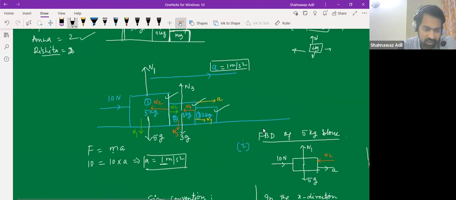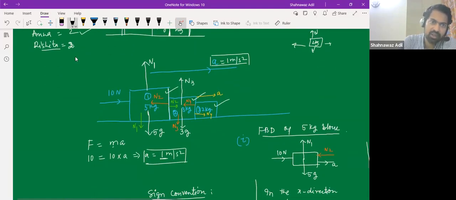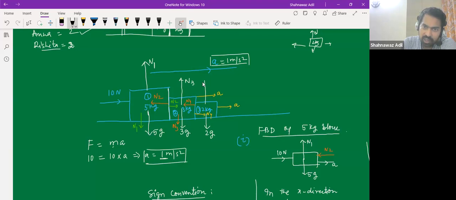Okay, so now let us come back to the last one. This one is also experiencing the acceleration in this direction. And it has some weight, which is 2g, and then some normal reaction applied by this surface.